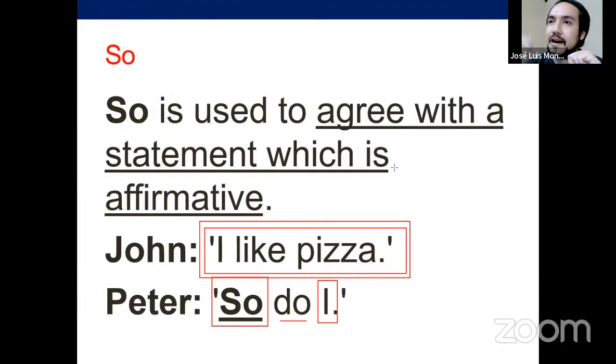I like pizza, I liked pizza. In those cases, the auxiliaries are not there because like is never an auxiliary. So what do you do? You use the auxiliary from the negative or question. That is do or does, or did in past. Okay, try to take that into account.